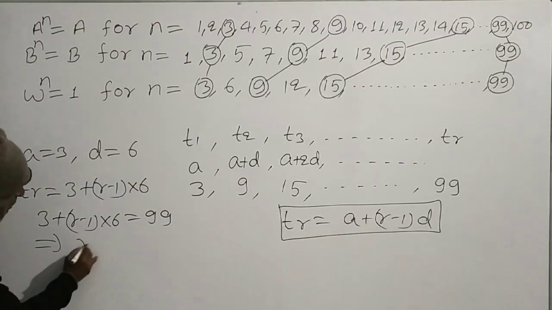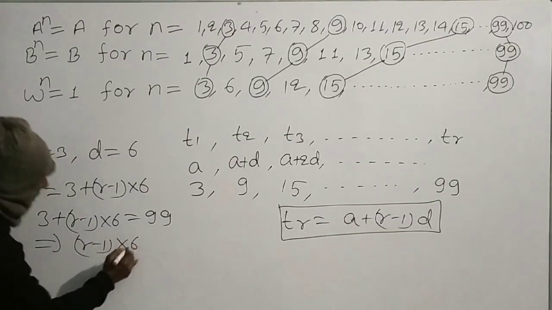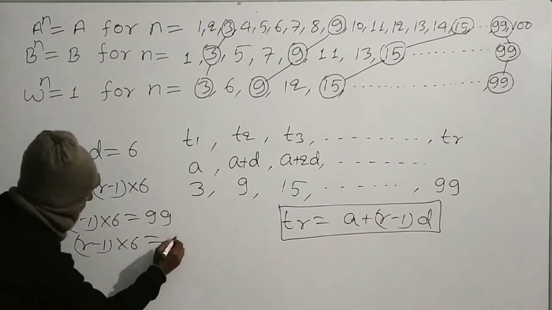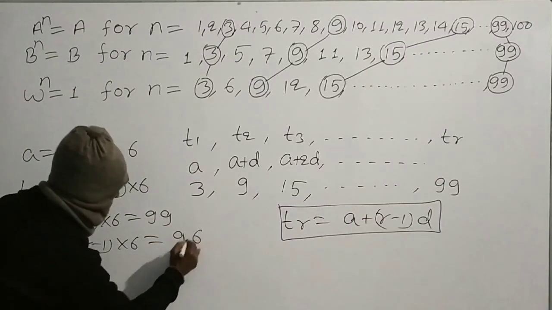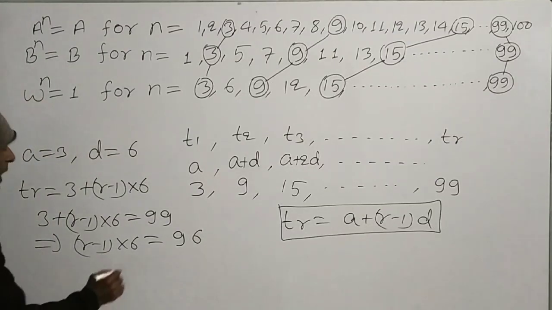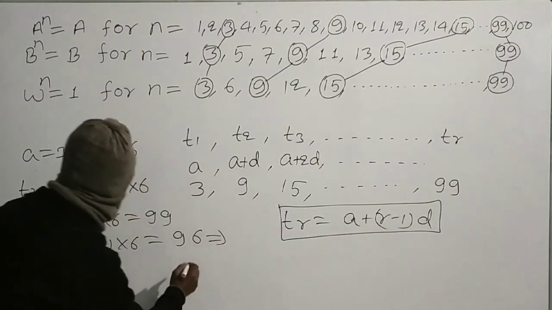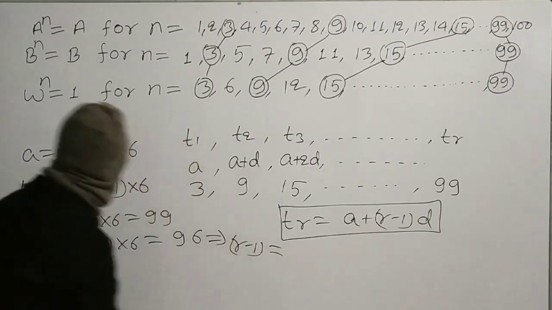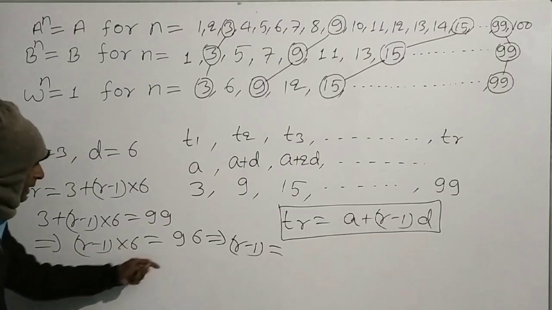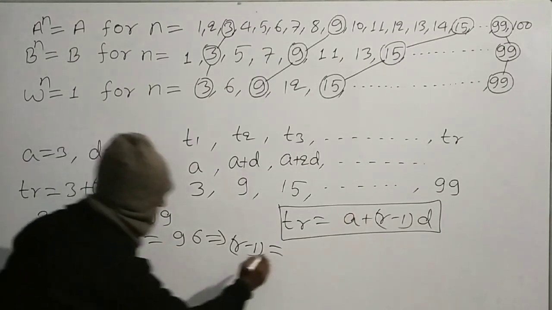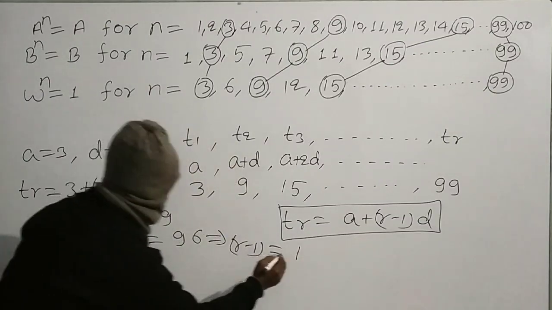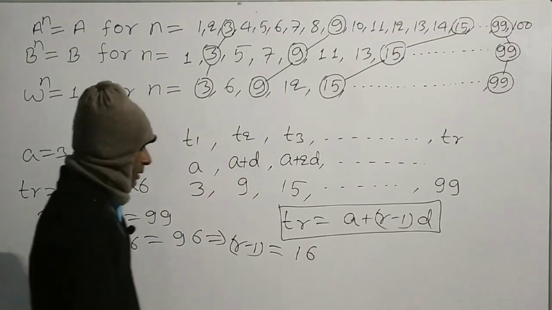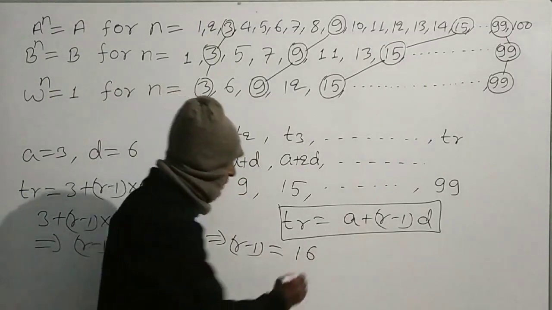This implies R minus 1 times 6 will be equal to 96, when we subtract 3 from 99. This implies R minus 1 is equal to 96 divided by 6, which is 16. Now we shift 1 to the right hand side.